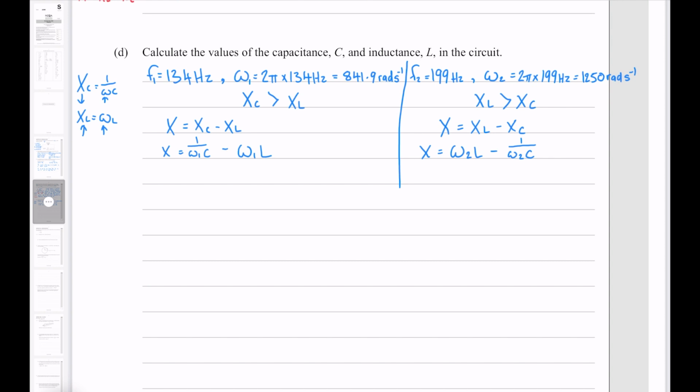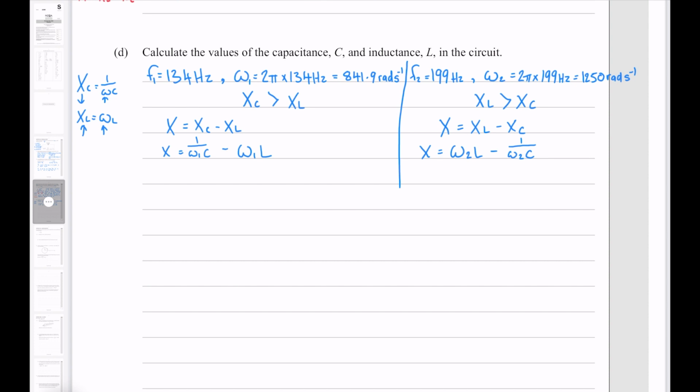That will allow me to solve these equations for C and find my capacitance. I can do that because I know our frequencies, and I can also find the reactance, since I know the resistance, current, and voltage. We'll figure that out later on.